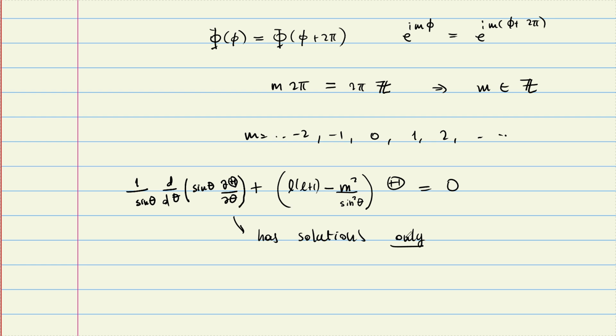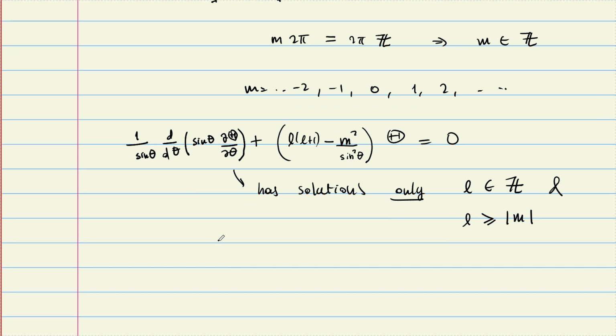I think we are now familiar that differential equations are only solvable for certain quantized values. And this is also the case only if L is an integer, and L is bigger than or equal to the absolute value of m, right? Because the equation knows about m and L, and this entire differential equation is only solvable if this condition is satisfied.